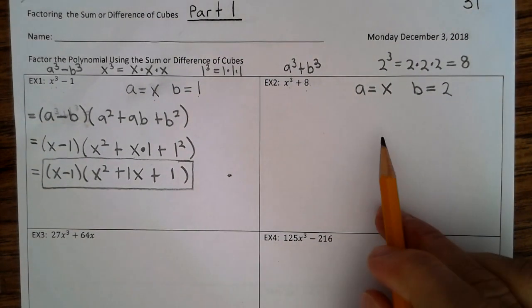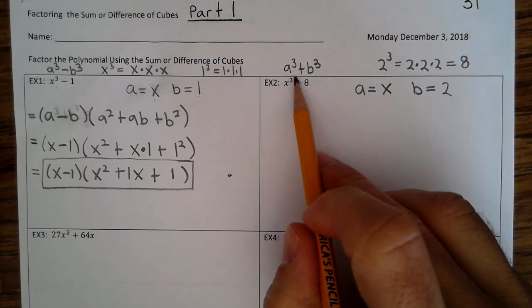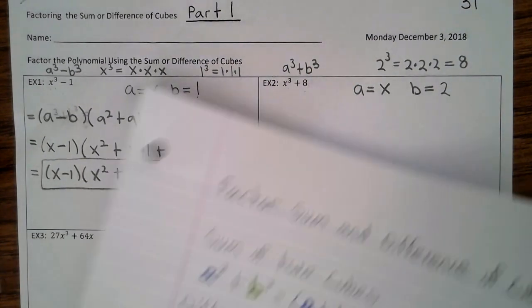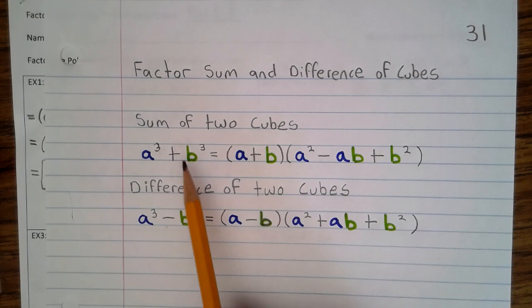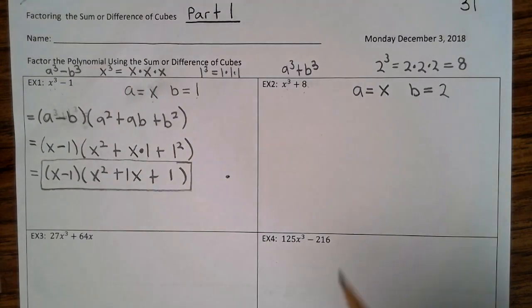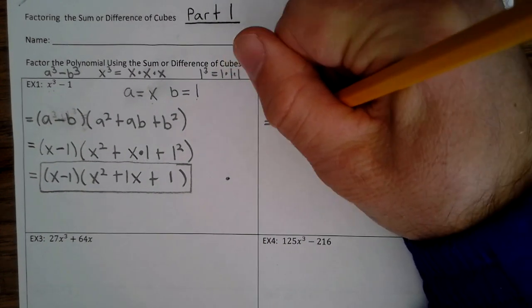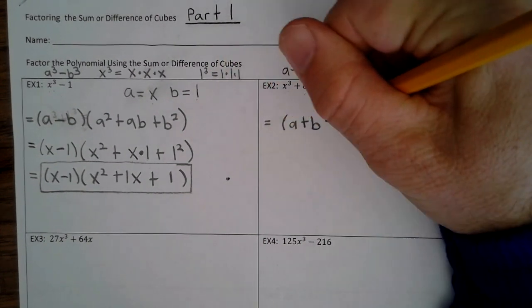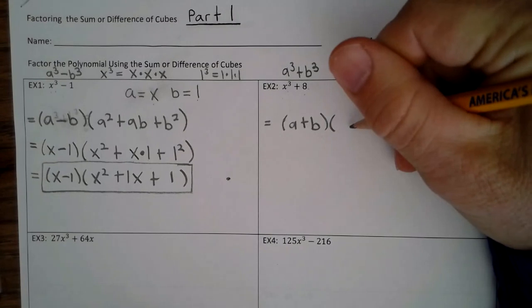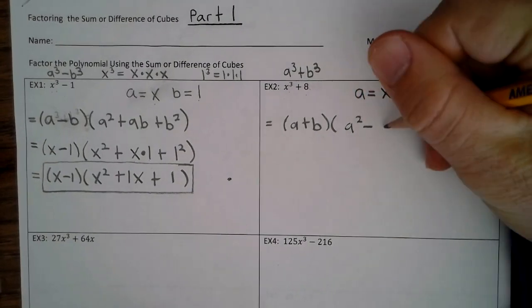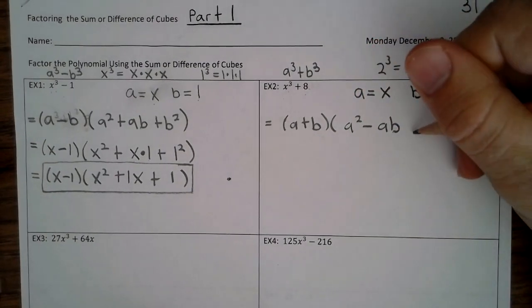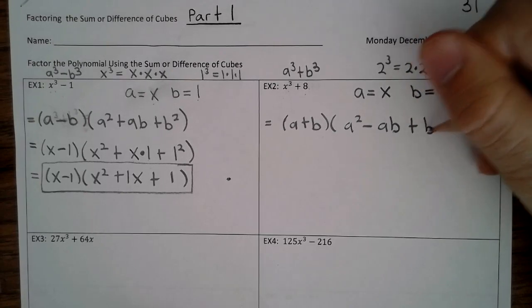Once you have a and b, you see it's the sum of cubes, so we use this formula right here. So let's write that down: a plus b, parentheses a squared minus ab plus b squared.